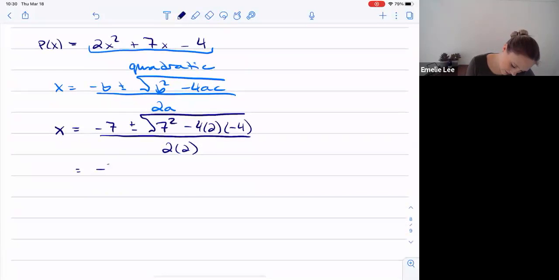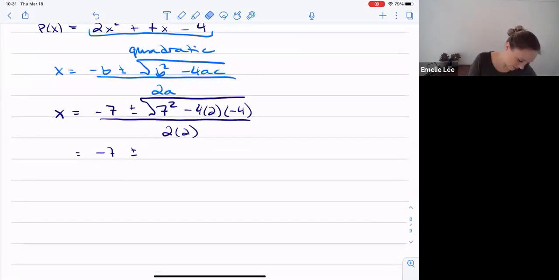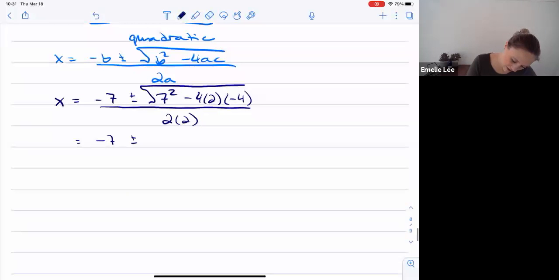So we have negative 7 plus minus the root of, and maybe I'll just do the math real quick here, on the side. 7 squared is 49, minus 4 times 2 times negative 4 puts me at 81, and then the square root of that is 9. Plus minus 9.